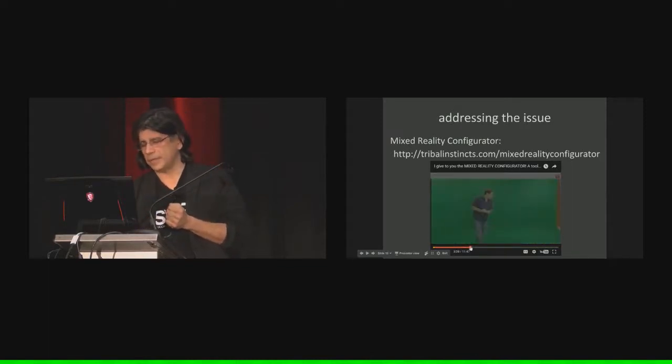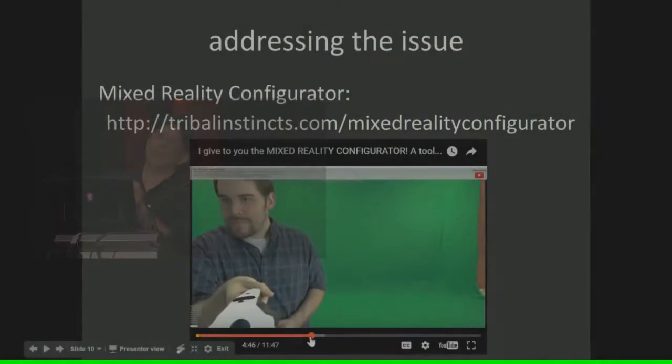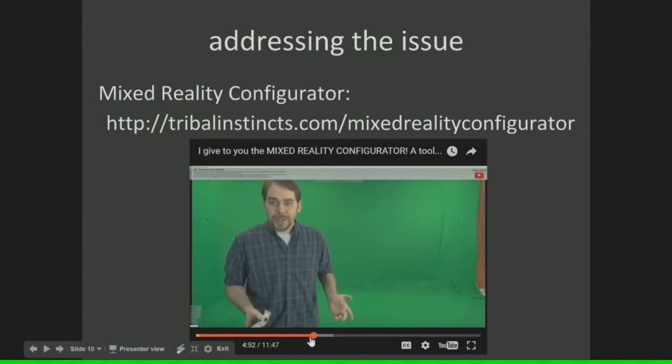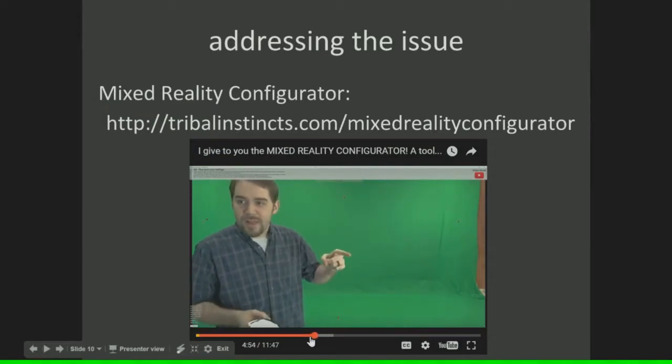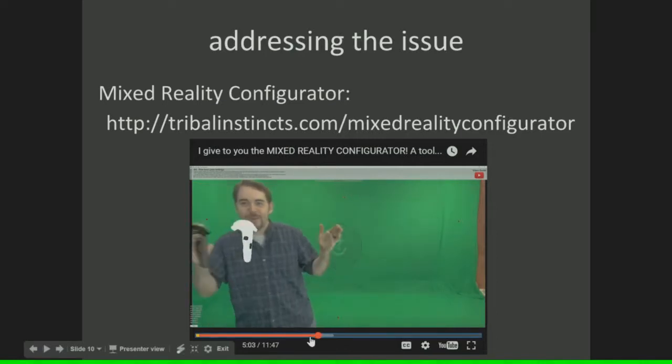And you get to a point where you can actually see right here, the virtual and the real, and the idea is you have to match them almost identically. It's very difficult, but you can do it. So this is better than just editing a configuration file, but it still requires a lot of visual trial and error.